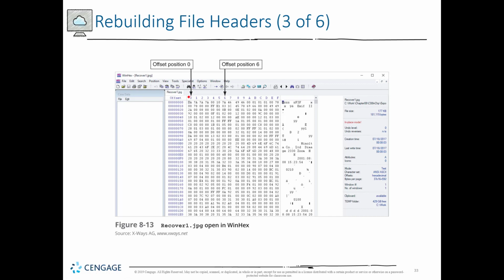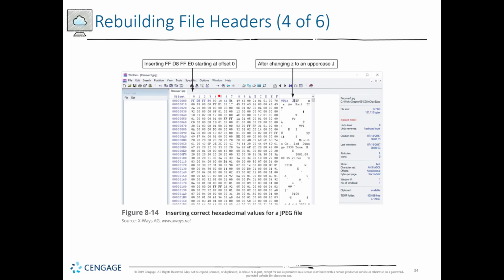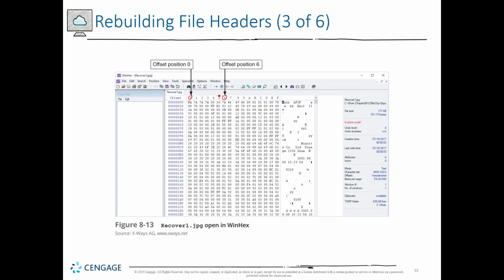So here we have our offset 0. Here we have our offset 6. And we already know that our JPEGs typically have an offset of 6. If I go back one slide, our offset, because of the header modification, changed it to ZFIF with a 7A.